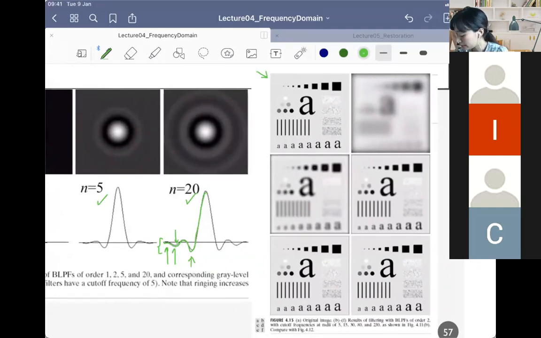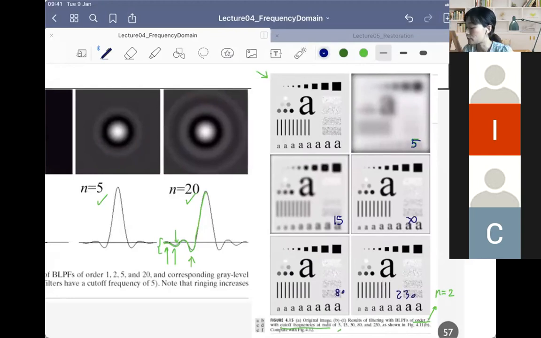Here, the order is 2, meaning n equals 2, and the cutoff frequency has changed from 5, maybe I should use a darker color, 5 and 15 and 30 and 80 and 230.